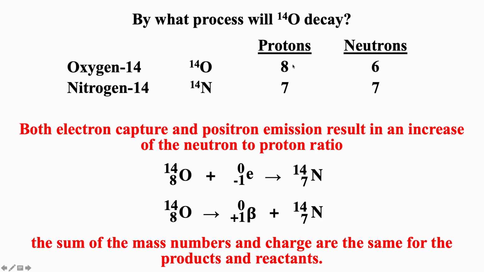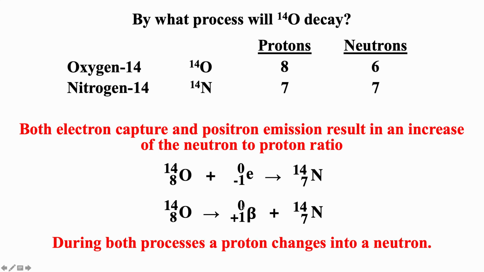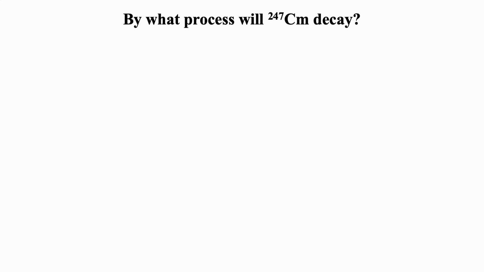But again, another way of doing this problem is by going, okay, a proton has to change into a neutron. So that means you're going from 8 to 7. You balance it, and then that would mean this has to be a positron. During both processes, a proton changes into a neutron. So again, an up quark changes into a down quark.